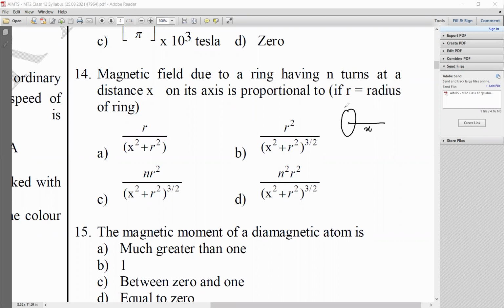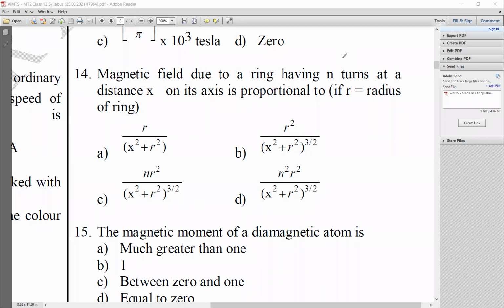Magnetic field due to a ring having n turns, number of turns is n, at a distance x on its axis, r is the radius of the ring. So obviously it should be proportional to n, not n square, it should be n. Option C is correct. And r square over x square plus r square to the power 3 by 2.